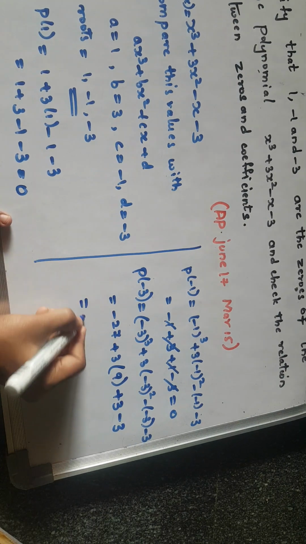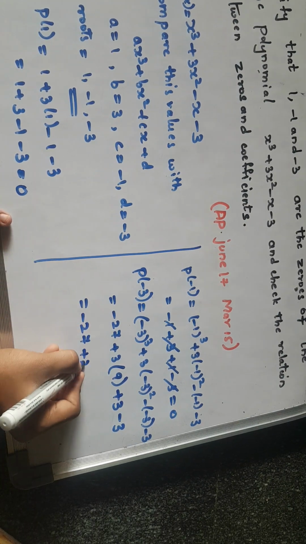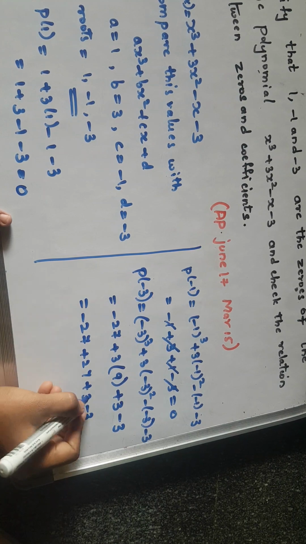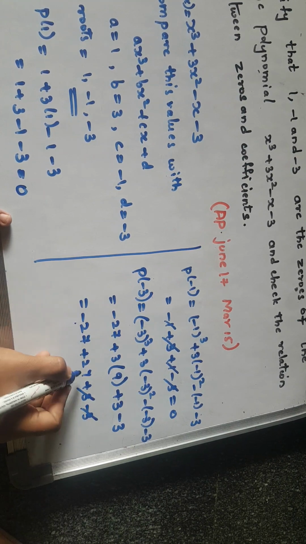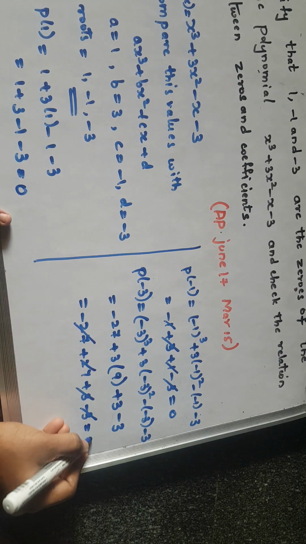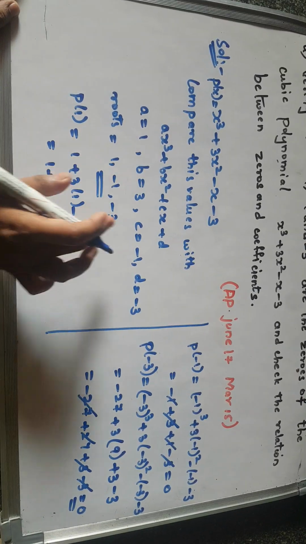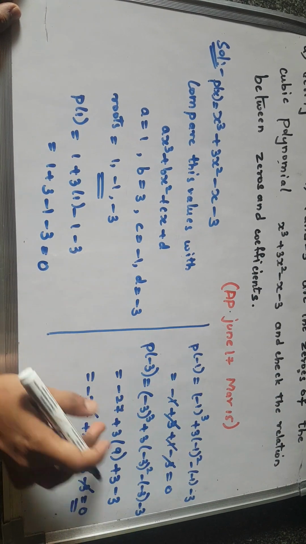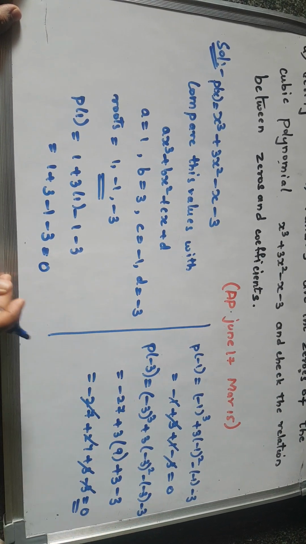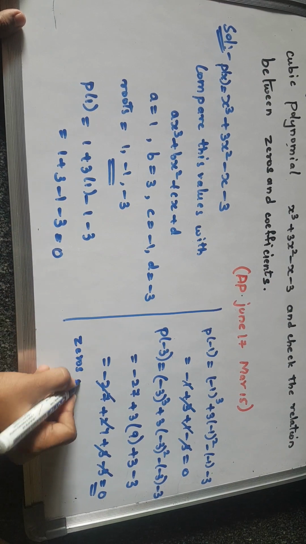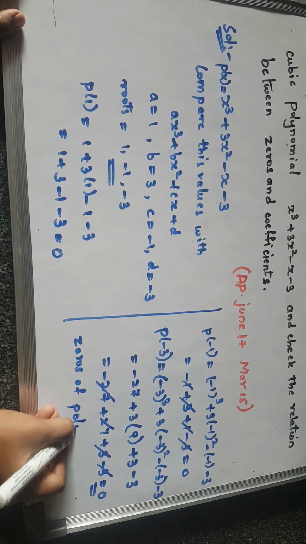So this value is becoming minus 27 plus 27 plus 3 minus 3 cancel, minus 27 plus 27 cancel, means this value is becoming 0. So when we put all the roots in this equation, this value is becoming 0. So these are the zeros of the polynomial.